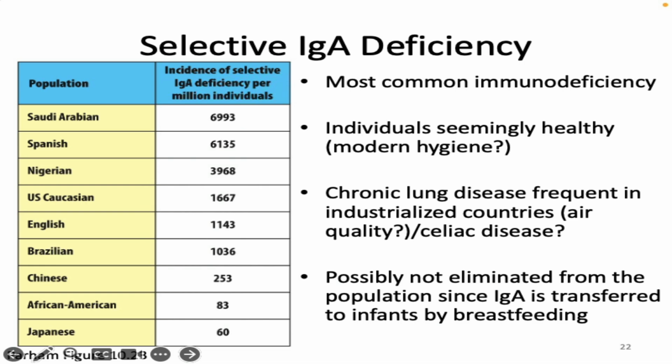When people have tried to do really large scale epidemiological studies, they say, well, maybe there's more chronic lung disease in people with this deficiency in industrialized countries, and maybe that's due to air pollution. Maybe there's differences in celiac, but none of it is really clear and obvious. By and large, if you're completely missing this isotype, you seem to be pretty much okay.